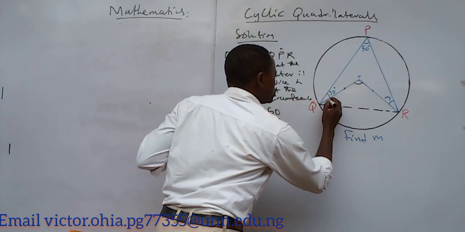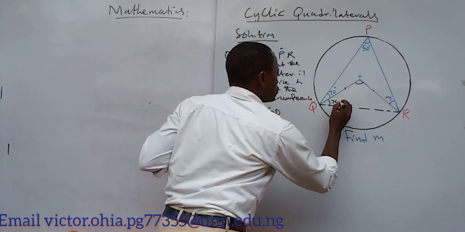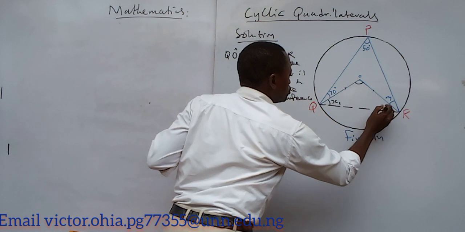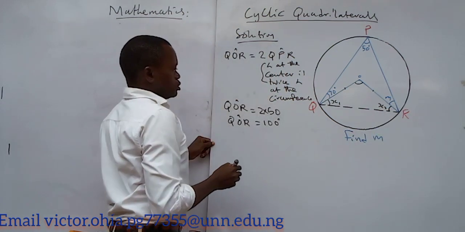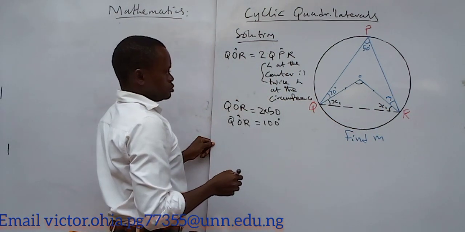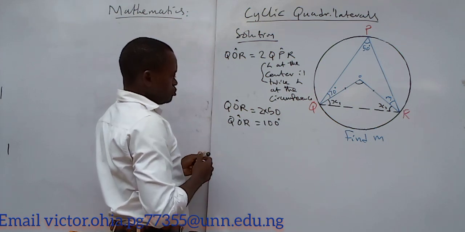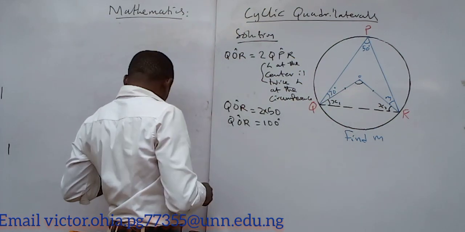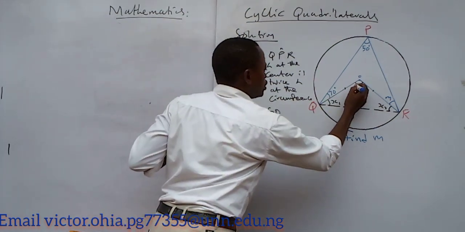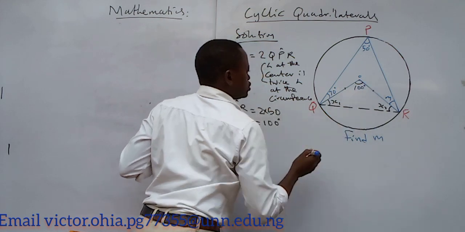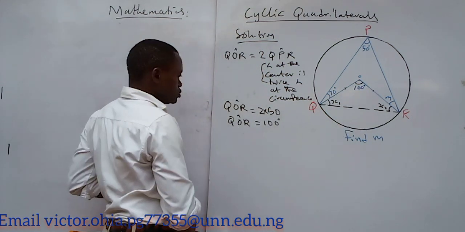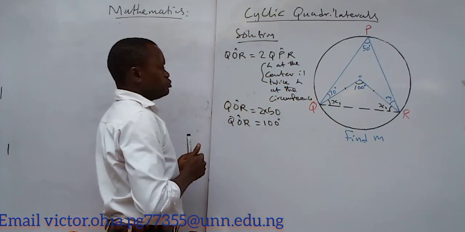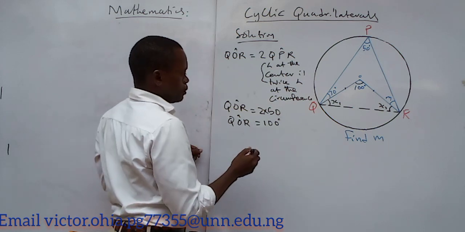Now, permit me to write here to be x1 and here to be x2, because it's going to help us. So this angle there is 100 degrees.